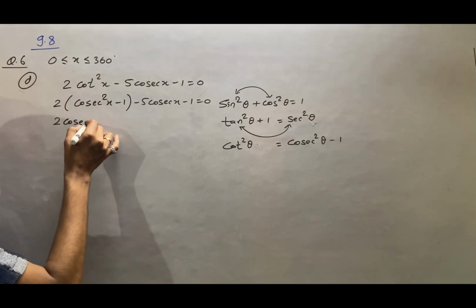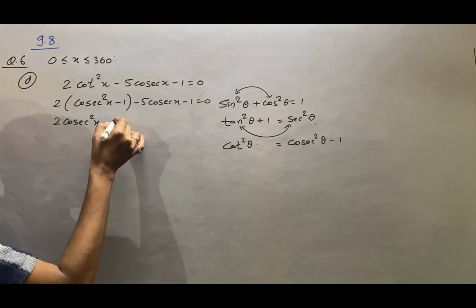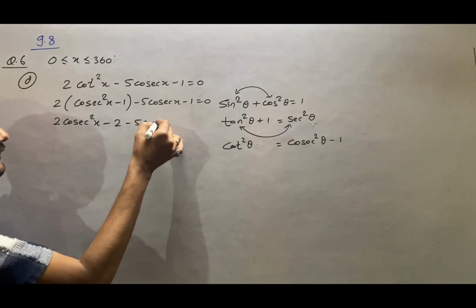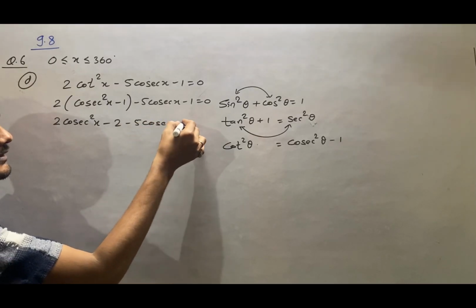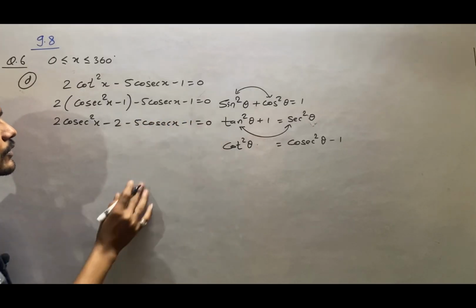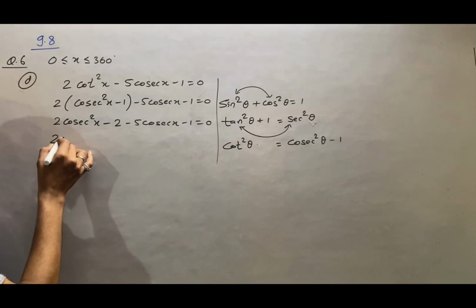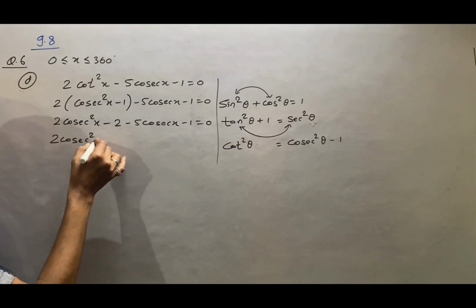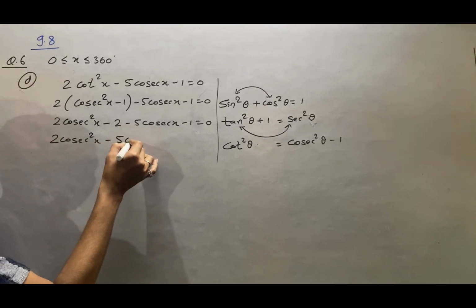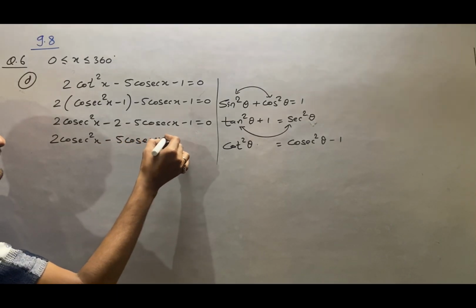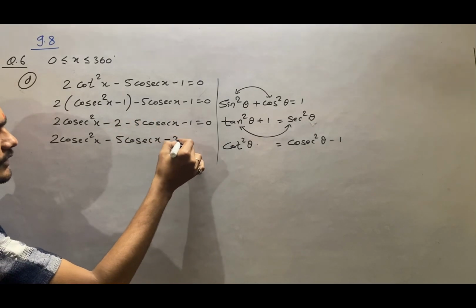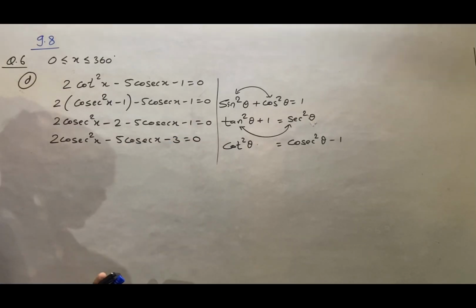So 2 cosec square x minus 2 minus 5 cosec x minus 1 equals 0. If we simplify this part, then 2 cosec square x minus 5 cosec x minus 3 equals 0. Now again factorization.